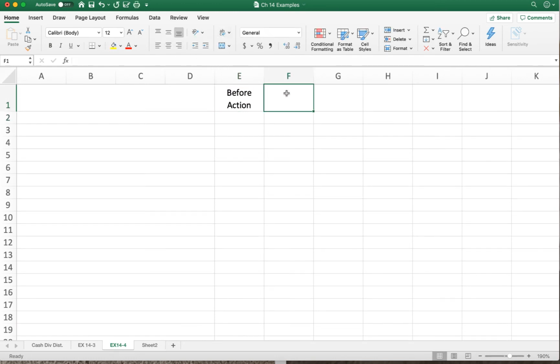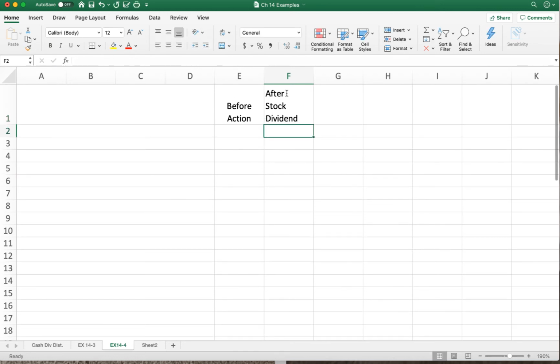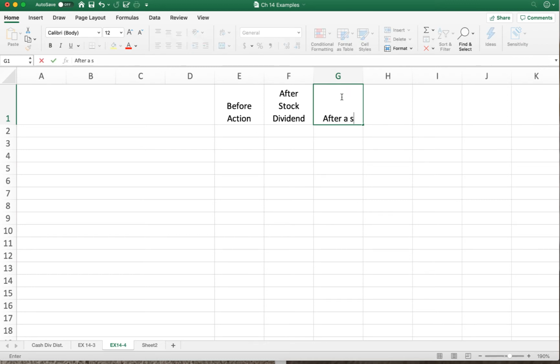We need a column that says, hey, this is after a stock dividend. And here is what the numbers will look like after a stock split.